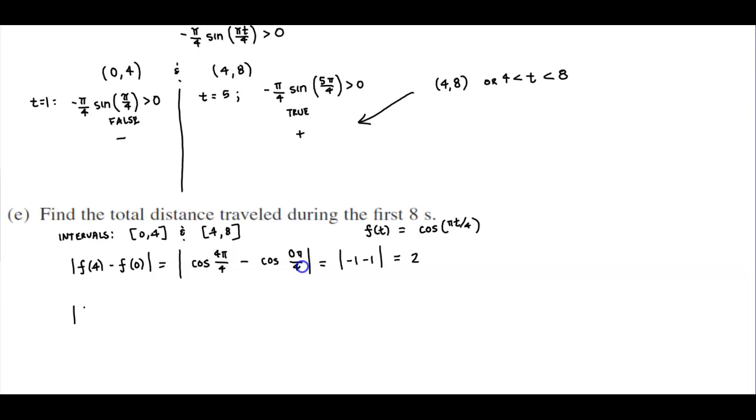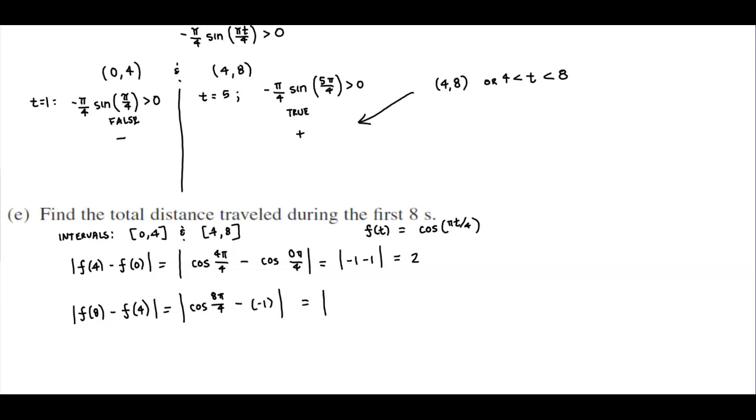And then we want to find f of 8 and subtract f of 4. So that means we have the cosine of 8 pi over 4, minus a negative 1 from our previous result there.